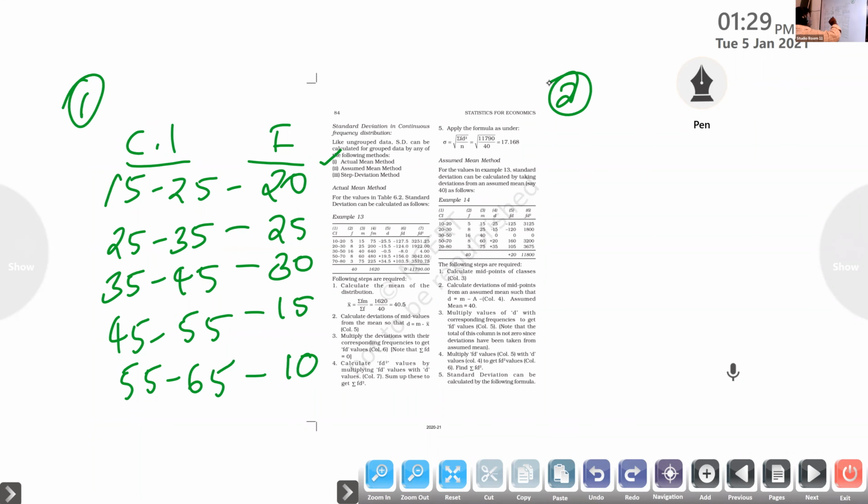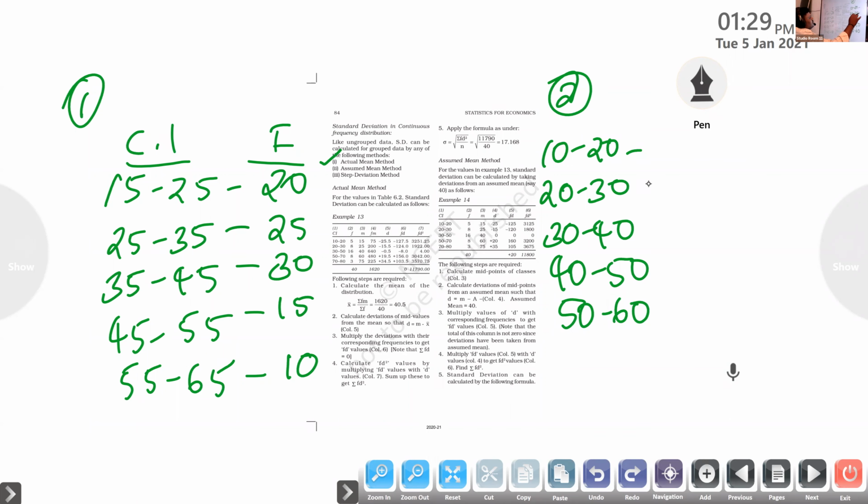Second question. Okay, Levina, the answer is correct.